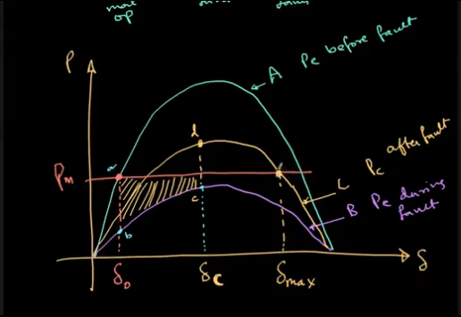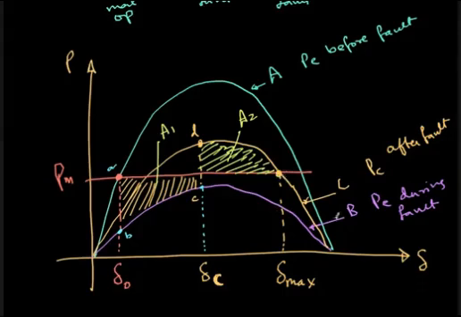From here, this is the area, let me give it a different shade. So this is the negative area. This is my area 2 and this is my area 1. The equal area criterion says that when A1 and A2 are equal, then the machine is going to be stable. And incidentally, what is the stable point?